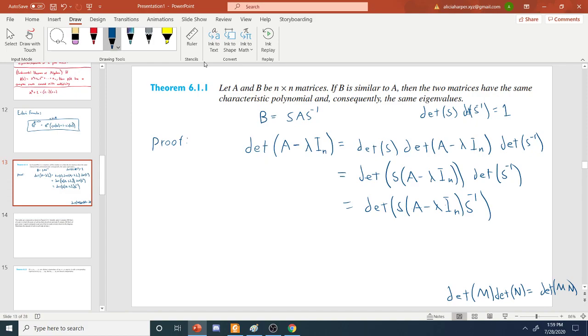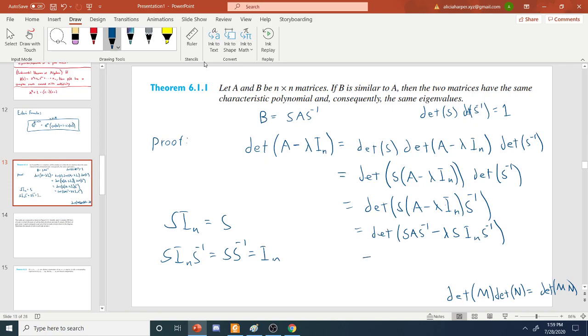And now we can distribute the S and the S inverse, and this is the same thing as the determinant of S A S inverse minus lambda S I_n S inverse. Now S times I_n is just equal to S. So S I_n times S inverse is equal to S times S inverse, which is equal to I_n. So this thing is actually just the same thing as the determinant of S A S inverse minus lambda times I_n.